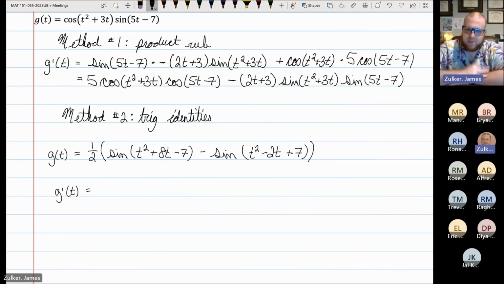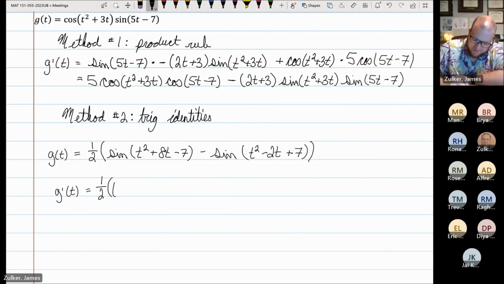And then from here, we can take the derivative by noticing, overall, we have a scalar multiple, scalar times the derivative of the function, which is a difference rule.